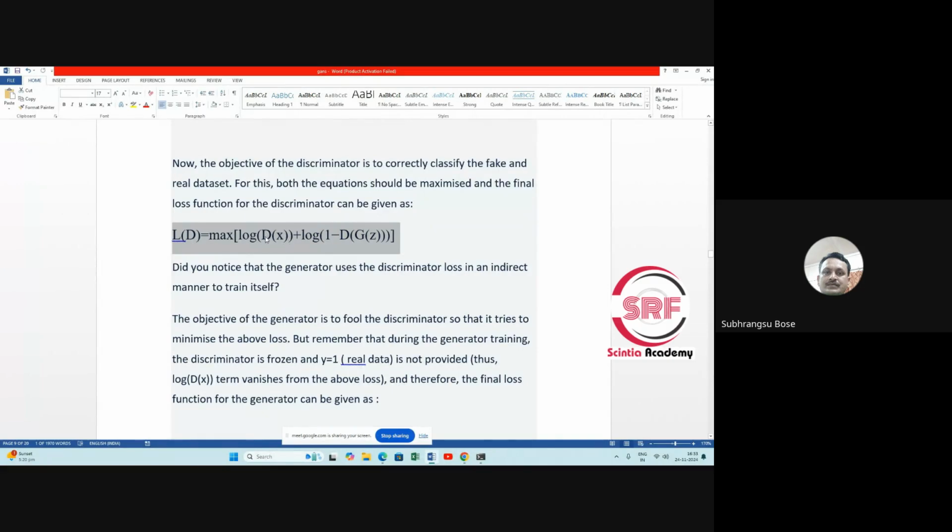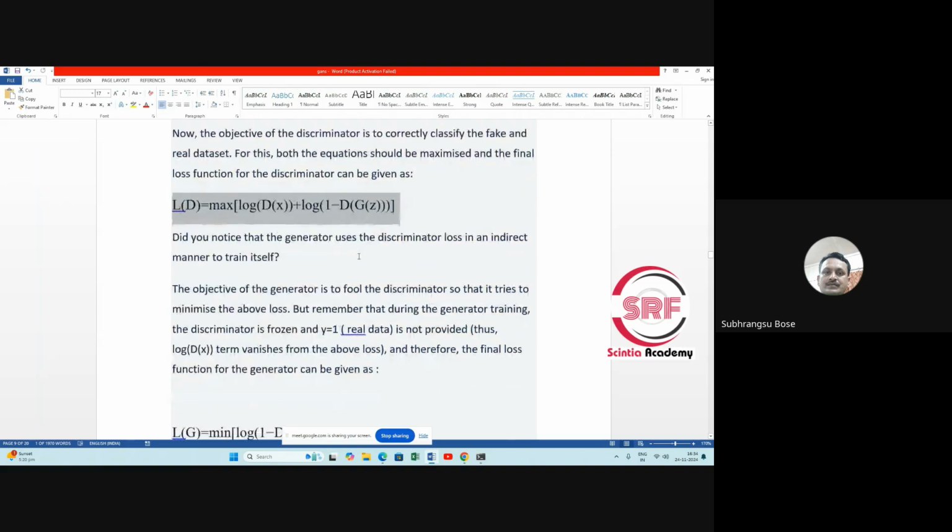Log D(x) means y predicted. It is a formula. If you read some tensor analysis book, you get some definition of this. It is not so important for making the algorithm.